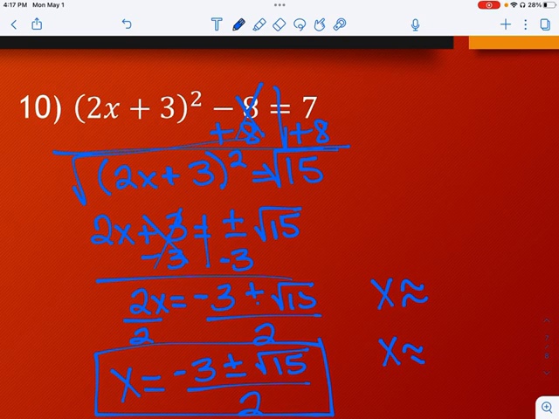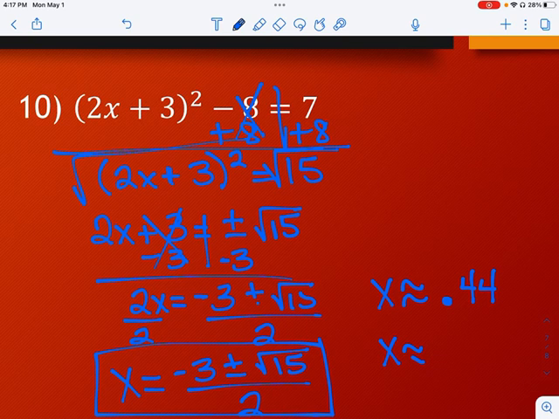And that comes out to be 0.872983346. And then just hit divide 2, and we get 0.436. So we're going to call that 0.44. Let's just go 2 decimals this time.